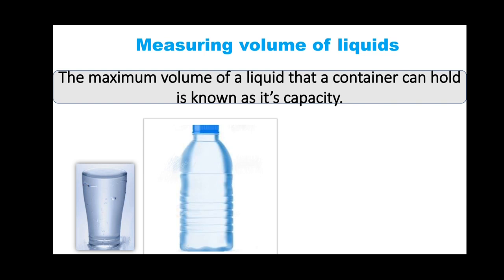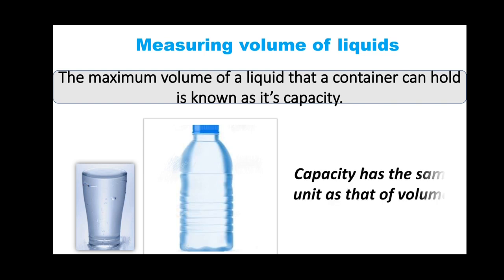Comparing these two objects, the capacity of this glass is less than the capacity of this bottle. And one more thing to keep in mind is that capacity and volume have the same unit.